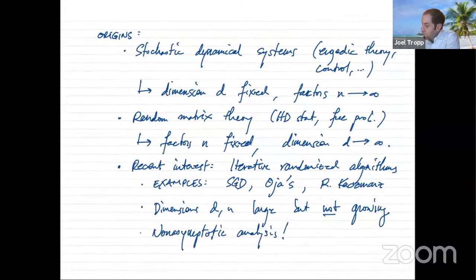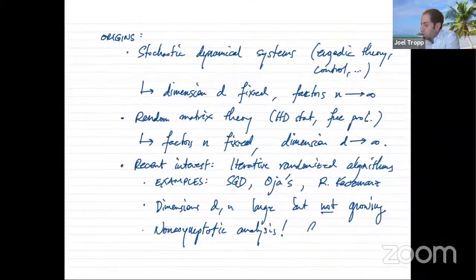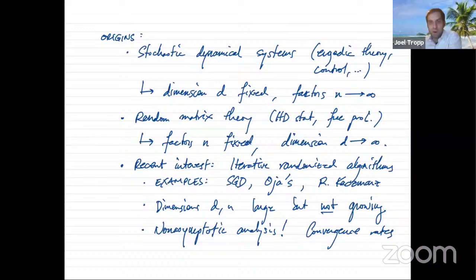And this gives you convergence rates. And so this is a notable difference in the way that folks in computational mathematics think about the behavior of randomized algorithms as compared with perhaps the way that folks in ergodic theory and random matrix theory have considered these problems in the past. Okay.